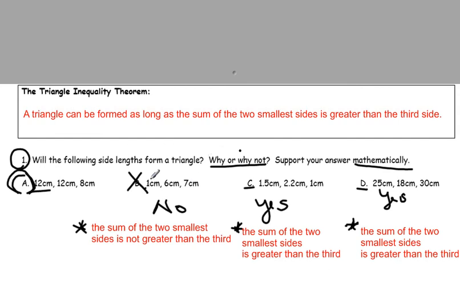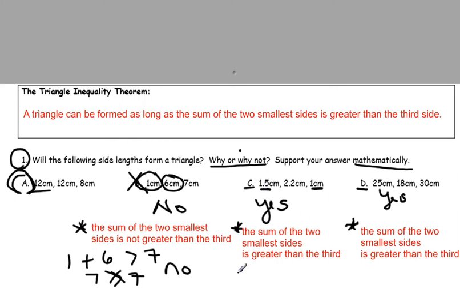Remember, you add the two smallest sides, 1 and 6 here. The sum of the two smallest sides has to be greater than the third side. Well, 1 plus 6 is 7, and 7 is not greater than 7. It's equal to 7. So no. Letter C, 1.5 and 1.